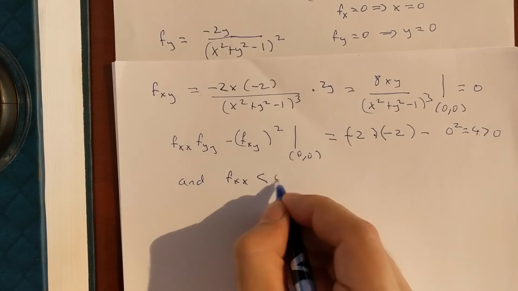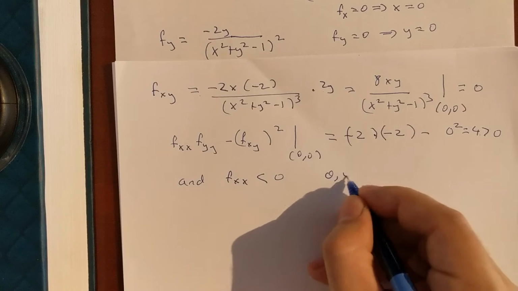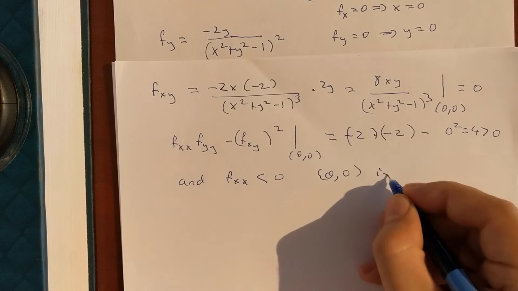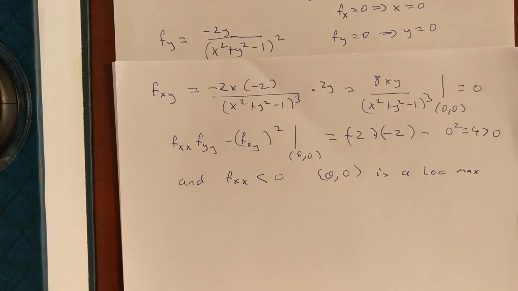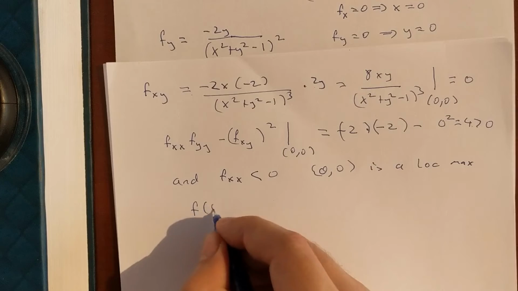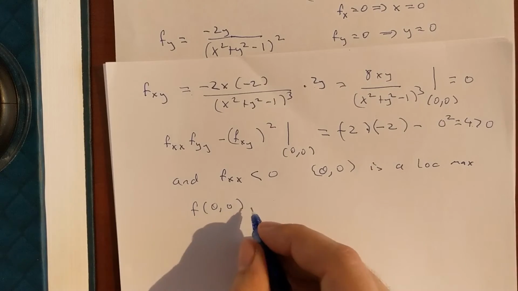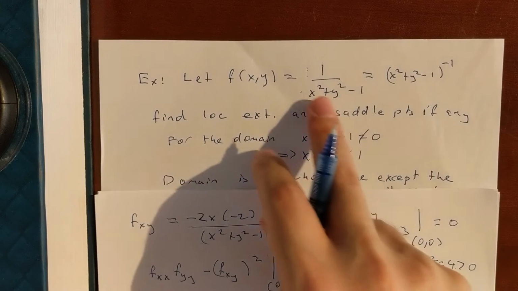fxx was less than 0, right? So it's concave down, which means 0, 0 is a local max. So what's the point? Let's plug it into the equation. What was the equation? Sorry, it's been a long time.